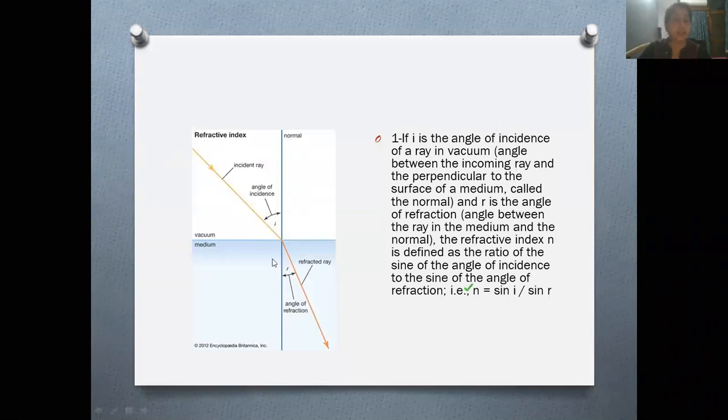Sin i is the sine of angle i which the incident ray makes with the normal, and r is the angle of refraction which the refracted ray makes with the normal. The ratio of sin i upon sin r is equal to the refractive index. So the first one, n is equal to c upon v, and the second is n is equal to sin i upon sin r.